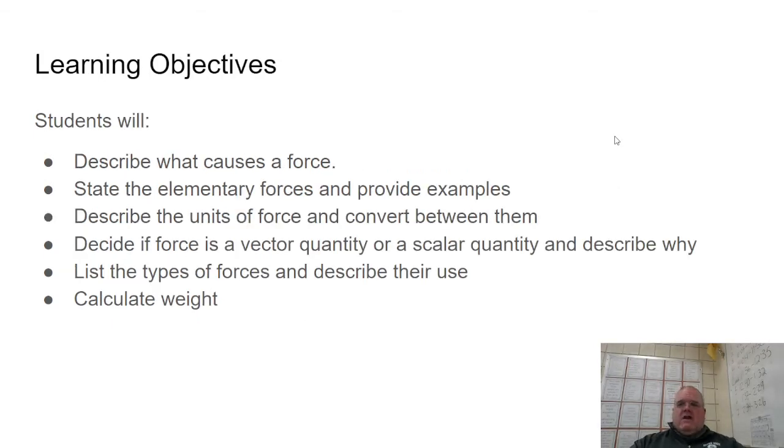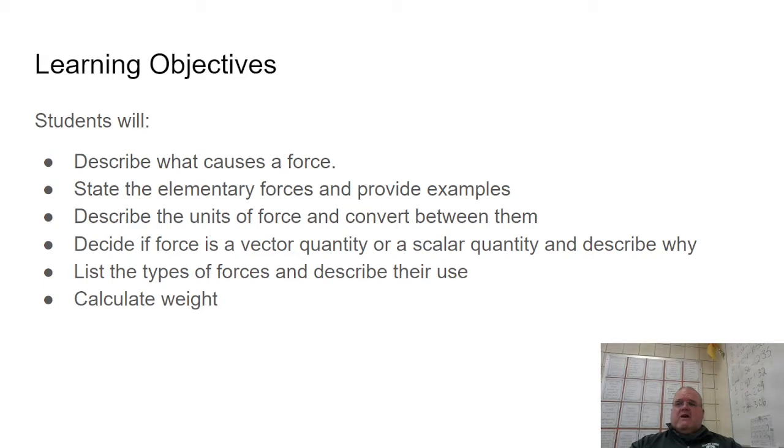In the last video, we looked at describing what causes a force, and if you remember right, what causes a force is a push or a pull or anything that changes the motion.